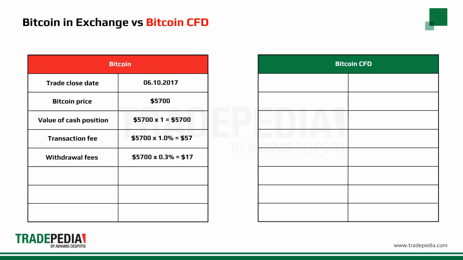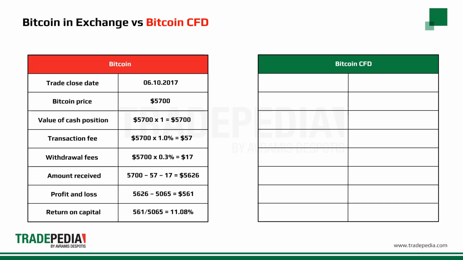With a 0.3% withdrawal and other fees, we would be charged 5,700 times 0.3%, which equals $17. The total amount received becomes 5,700 minus 57 minus 17, which equals $5,626. This gives a profit of $561, which gives a return on capital of 11.09%.